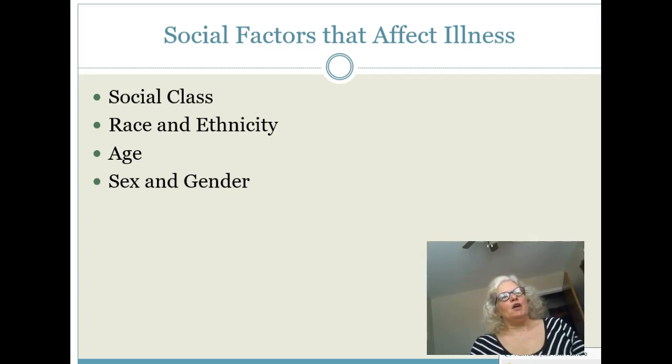Note that no matter what, as we explore the topic of the sociology of medicine, we are facing continued changes in society. We know the Affordable Care Act came into place and decreased the number of people without insurance. It directly impacted these social factors that affect illness.